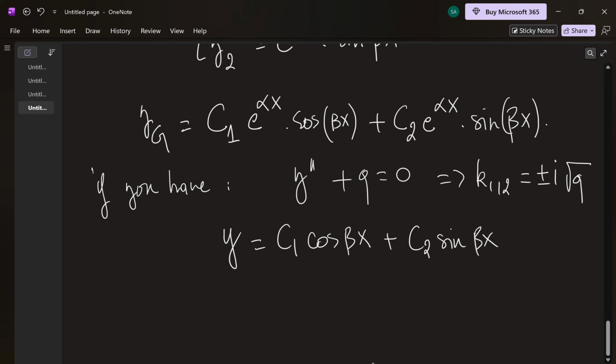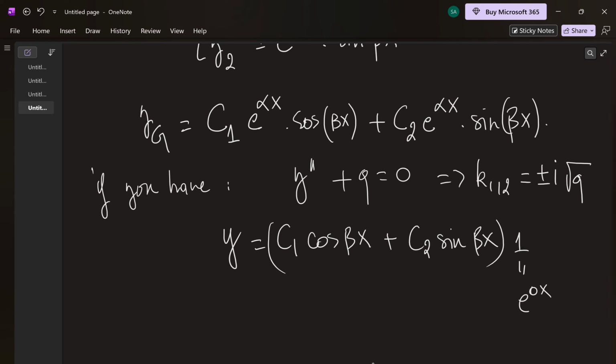This is because it is times 1, which is exponential 0 times x. Here p over 2 is equal to 0. Now we have the third case, case number 3.